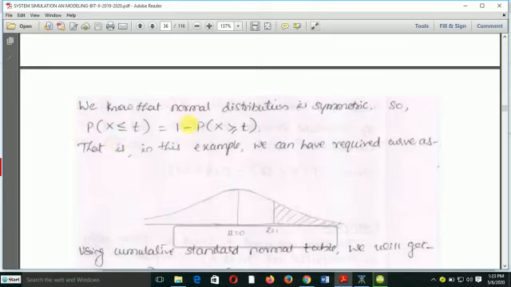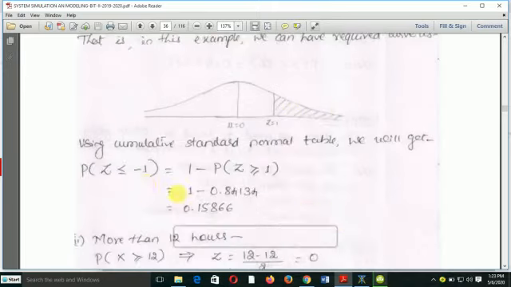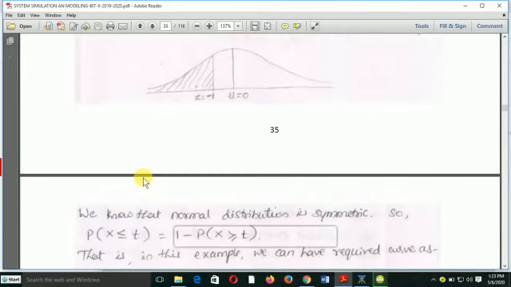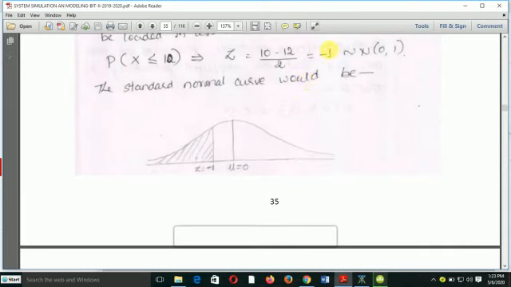So if we do it like this, we are going to have P(X less than or equal to T), it is this part here. So using the cumulative standard normal table, we will get P(Z less than or equal to minus 1), minus 1 is what we got here.